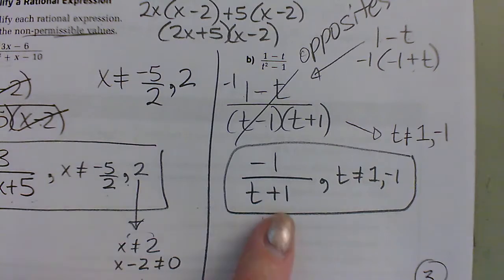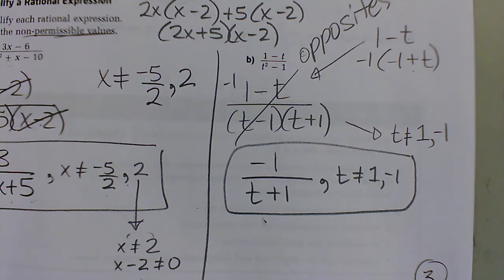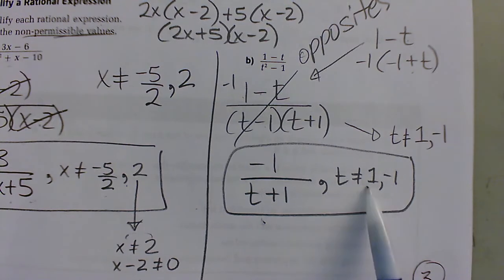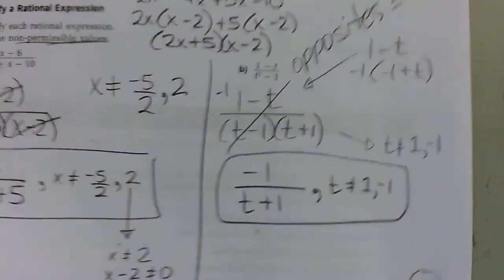So again, if I gave you just the answer, t plus 1, that's this guy right there, you would know that there was another factor that was t minus 1.